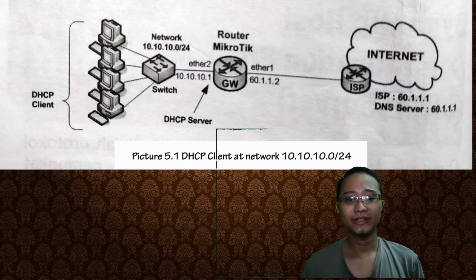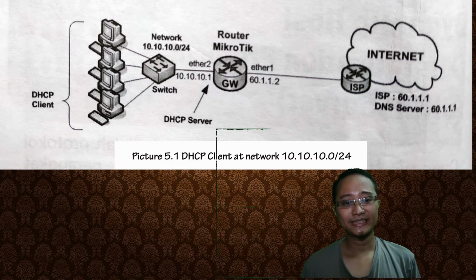In this scenario, the network address is 10.10.10.0/24. And point number 2, this is the gateway. Certainly the user computer must have a gateway that it will use to access the internet. In this scenario, the gateway is the IP address of Ether 2 of the Mikrotik router, 10.10.10.1.